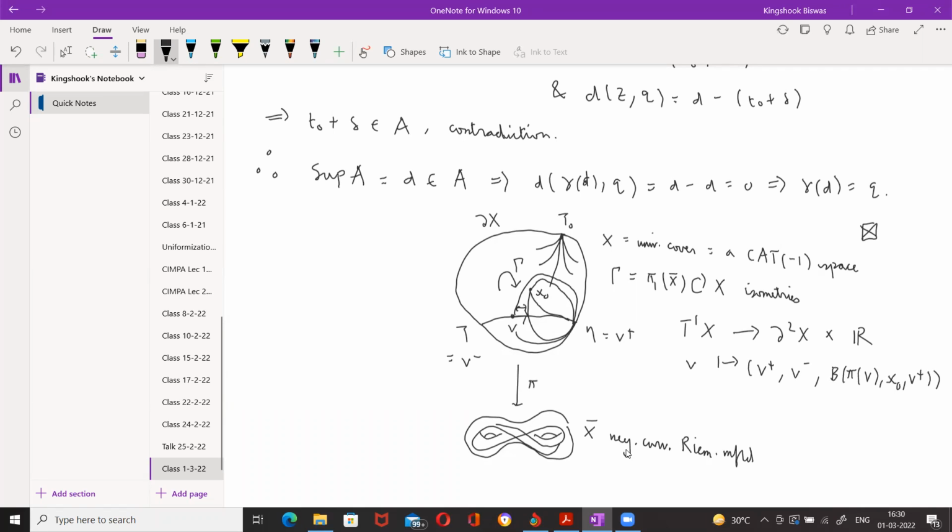So this is a bijection. And what happens is my geodesic flow here, phi t, under this bijection, it gets conjugated to just over here, the geodesic flow acts by translations in the R coordinate.